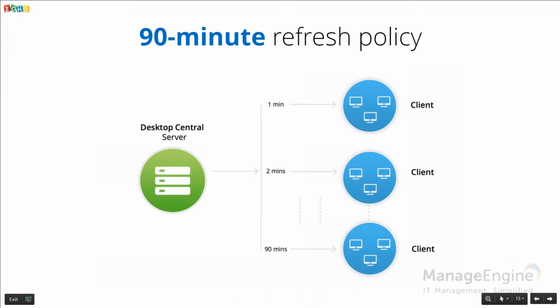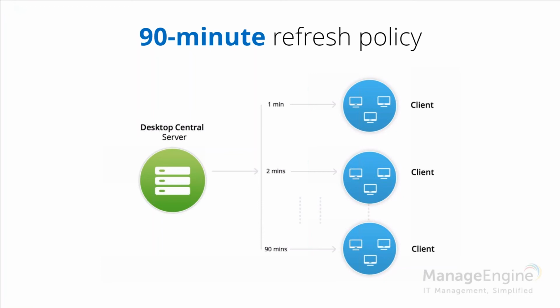Roaming users can also be managed in Desktop Central by using a VPN, a virtual private network, or NAT, network address translation. By these technologies, machines which are out of office can be managed using the internet.